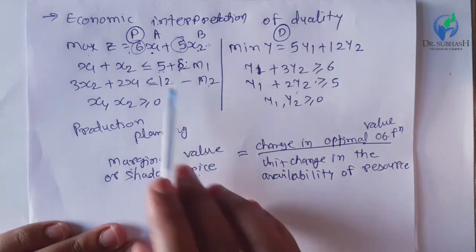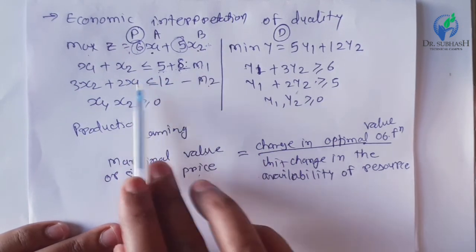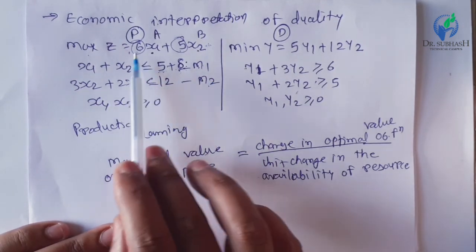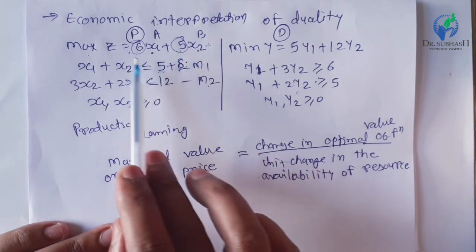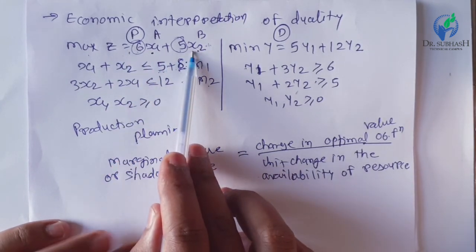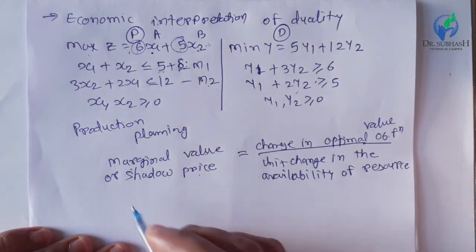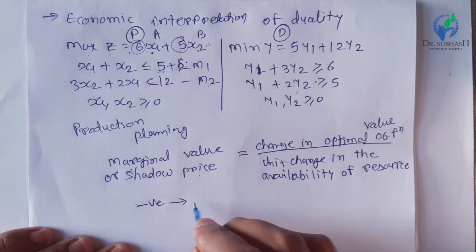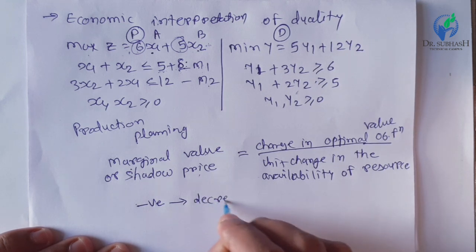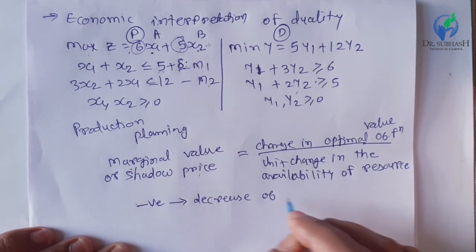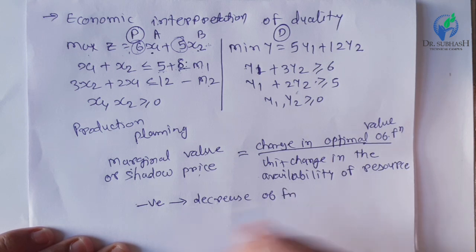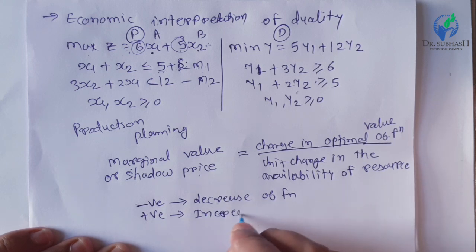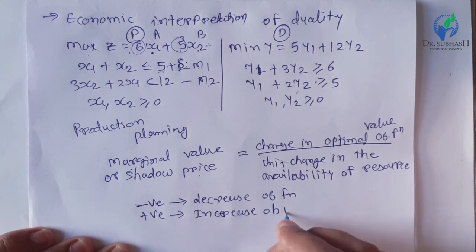By adding one unit of a particular resource, how much additional profit or increment in the objective function value do we get? If the shadow price is negative, it indicates a net decrease in the objective function value. If the shadow price is positive, it indicates a net increase in the value of the objective function.